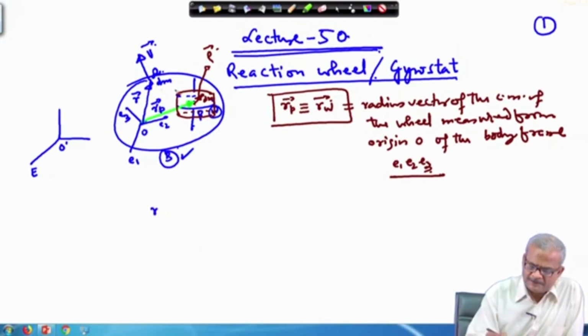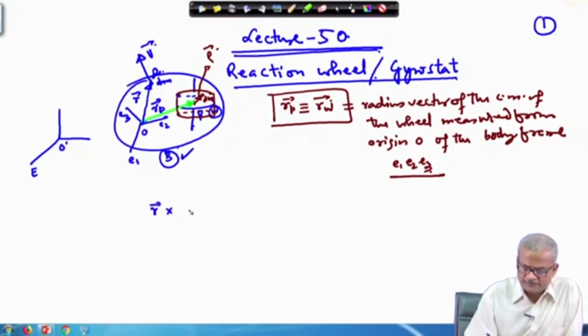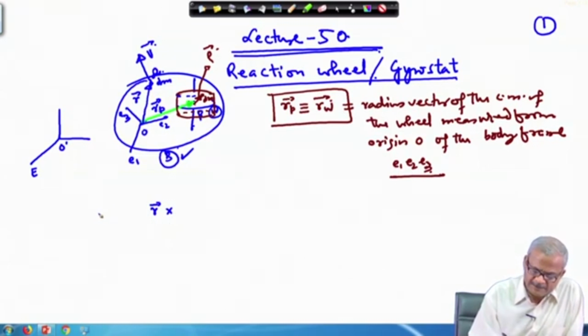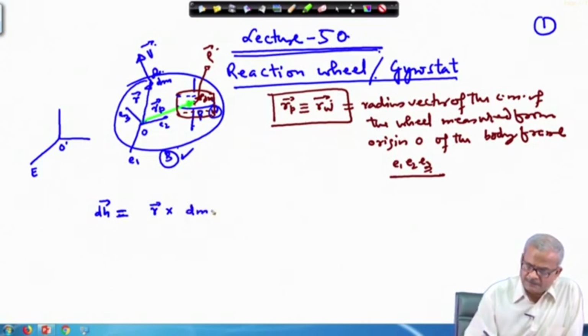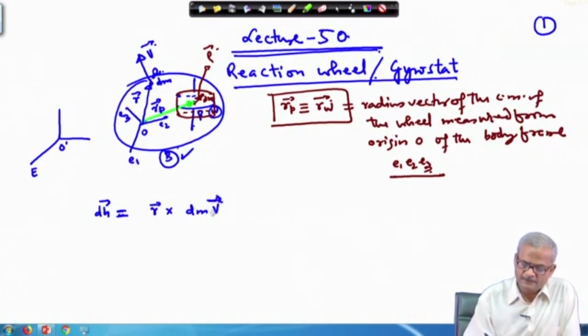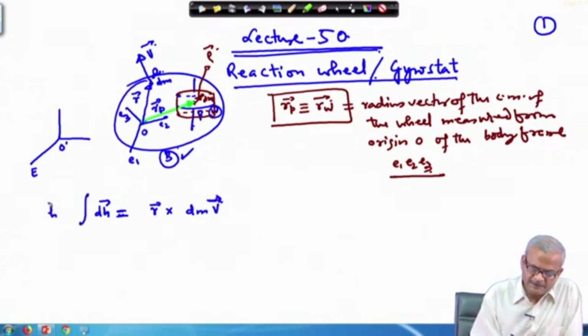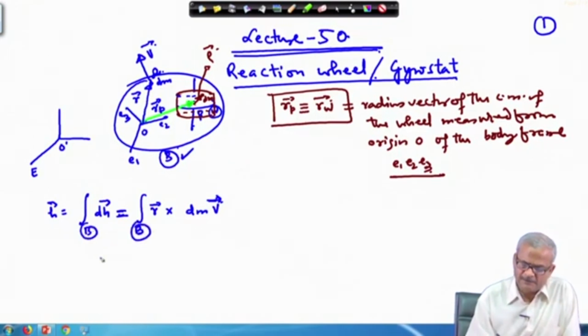So, this is an arbitrary point. Okay. So, angular momentum is defined as r cross d m v. Okay. And if we integrate it, we get h, and we integrate it over the main body.